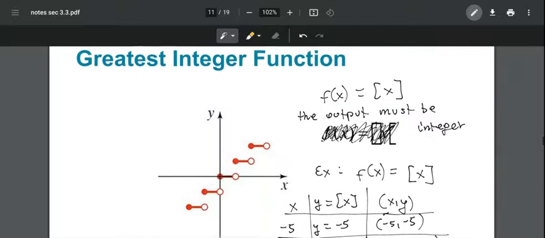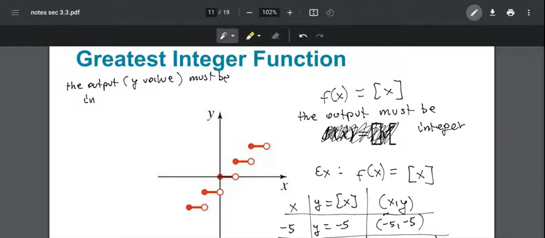So the output must be an integer. And let me give more information: the output, which means the y value, must be an integer which is equal to x when x is an integer, or less than x when x is not an integer.